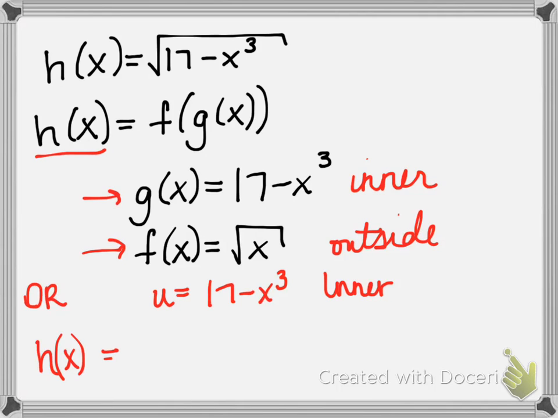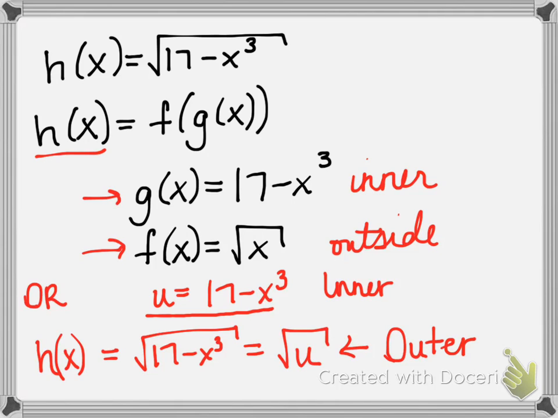And then if we take h of x, which is the square root of 17 minus x cubed, and replace 17 minus x cubed with u, what we've just defined to be our inner function, we get the square root of u, which is our outer function. That might be a simpler way to think about our outer function.